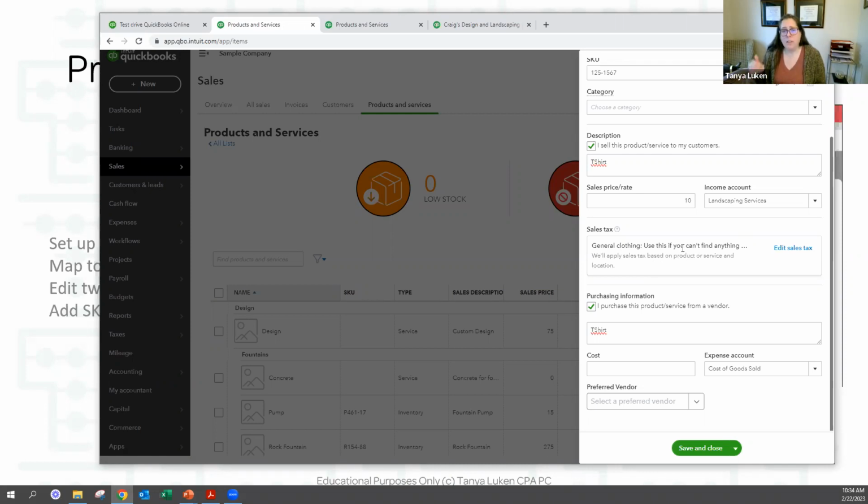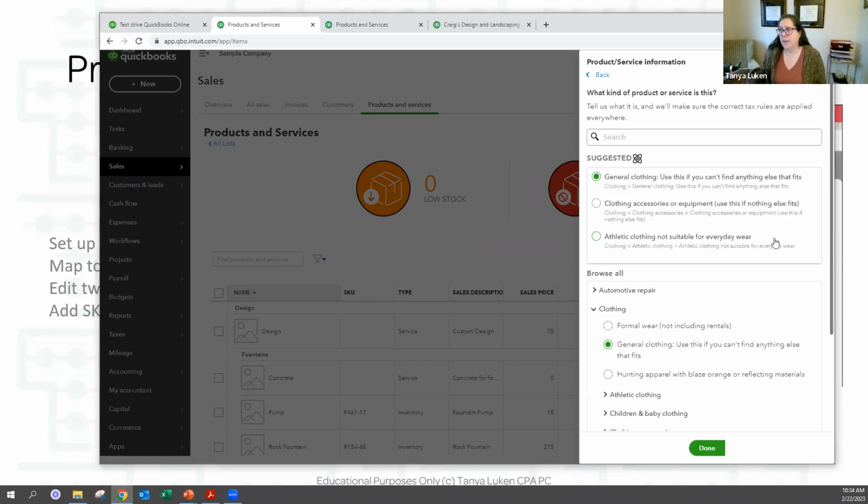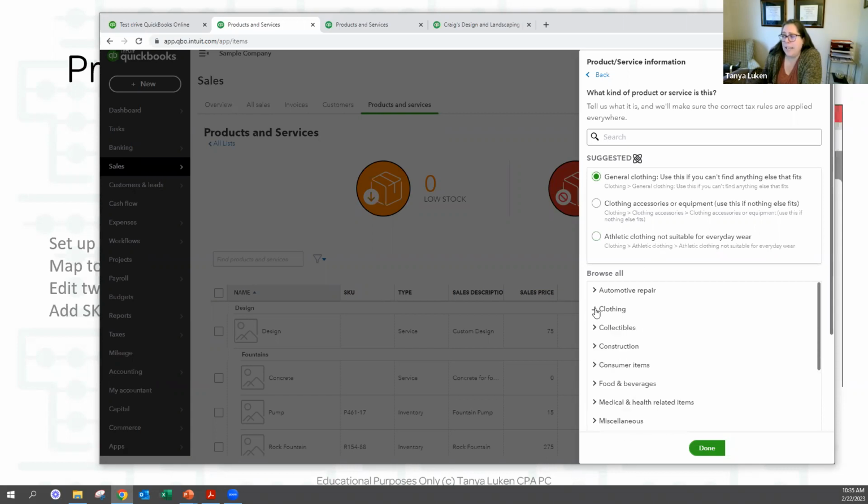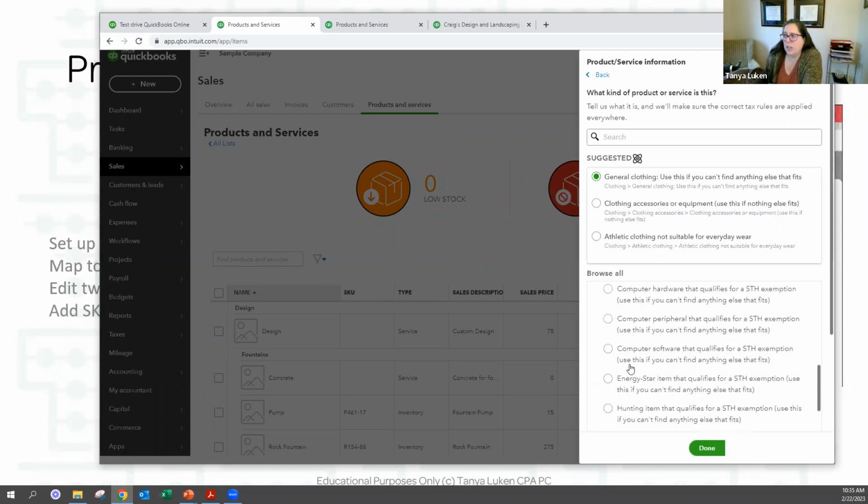Once you click, you can skip that, you can confirm it, but you can also edit your sales tax here. And what's going to happen is it's going to tell you these suggested types of categories of things. So a lot of times when you are looking at these categories of all of these events that are taxable, like there's a sales tax holiday, like this, does this make any sense?